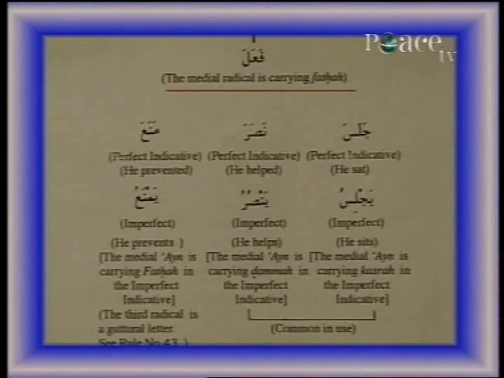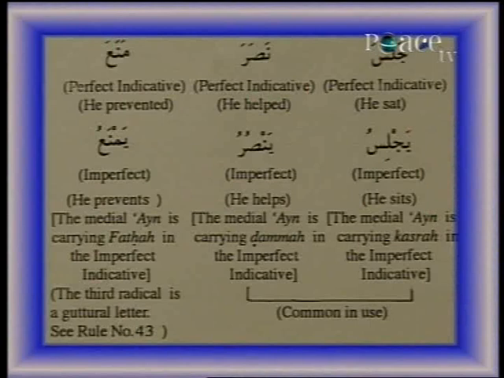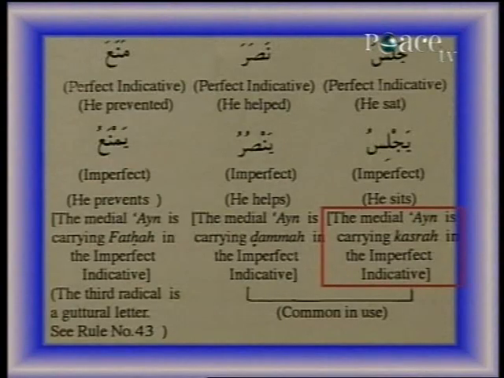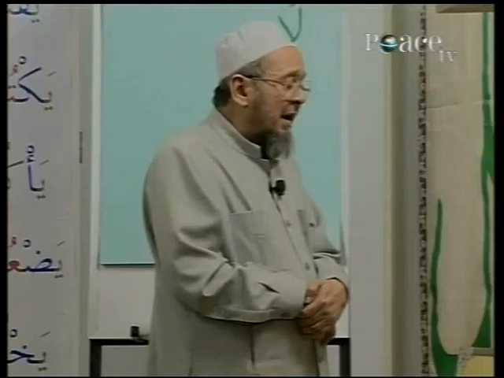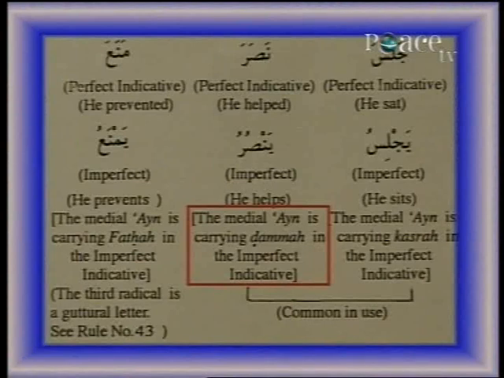Fa'ala, the medial radical is carrying fatha. Jalasa, perfect indicative, he sat. Yajlisu, imperfect, he sits. The medial ayn is carrying kasra in the imperfect indicative. Nasara, perfect indicative, he helped. Yansuru, imperfect, he helps. The medial ayn is carrying dhamma in the imperfect indicative.